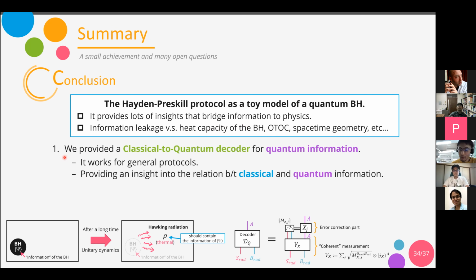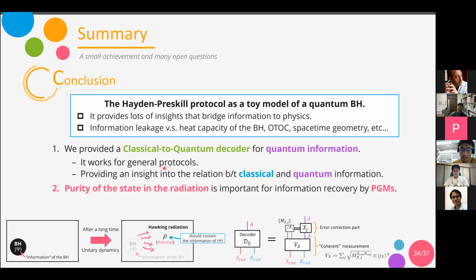And then we had 3 results. The first result is the classical to quantum decoder for quantum information. This is interesting because we start from the classical regime and then update it to the quantum regime. We also provide a sufficient condition for information recovery in terms of purity. But please note that this sufficient condition applies when we use the pretty good measurement.